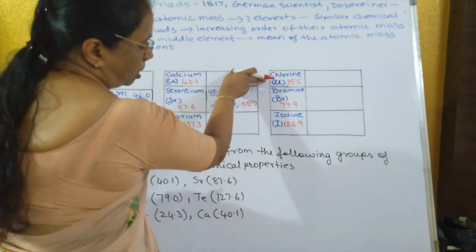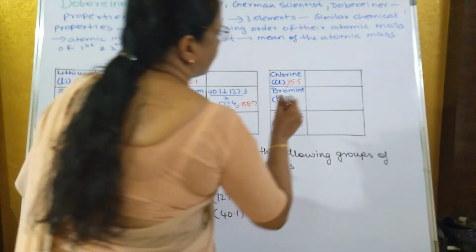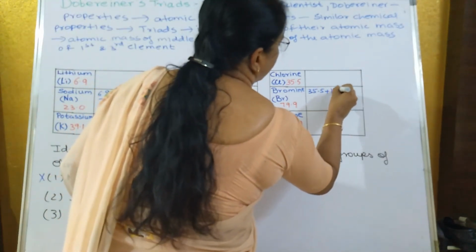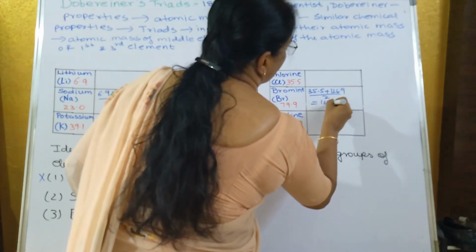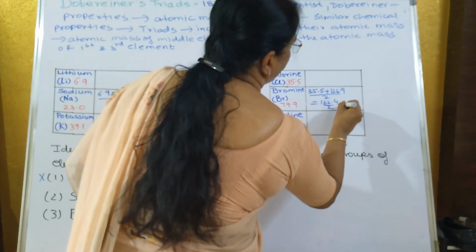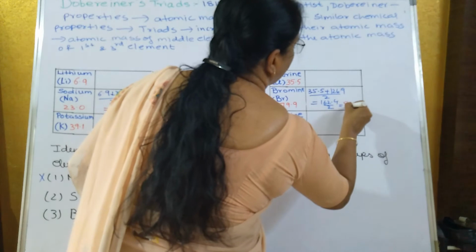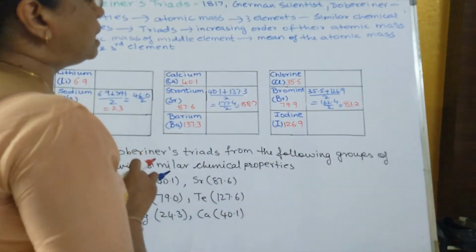When he took the atomic mass of chlorine and iodine and added them together, that is 35.5 plus 126.9 upon 2, he got 162.4 divided by 2. When he added this and divided it by 2, the value was coming 81.2, which is approximately equal to 79.9.